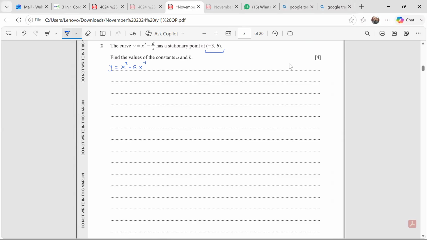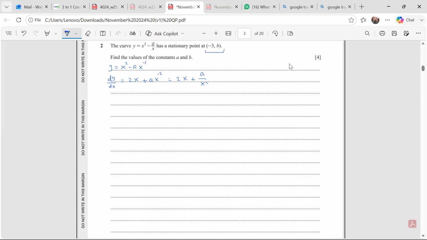Stationary point means that the derivative of this function is 0 at this point. We have to find the derivative. dy by dx equals 2x, plus a x power minus 2. So it is 2x plus a over x squared. This is the derivative of the function.